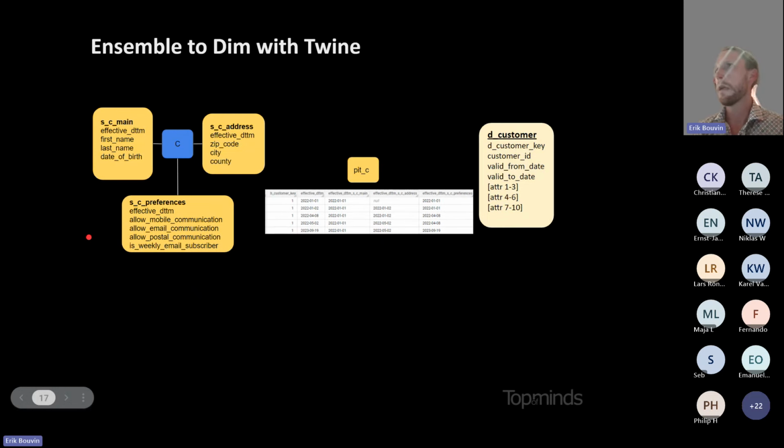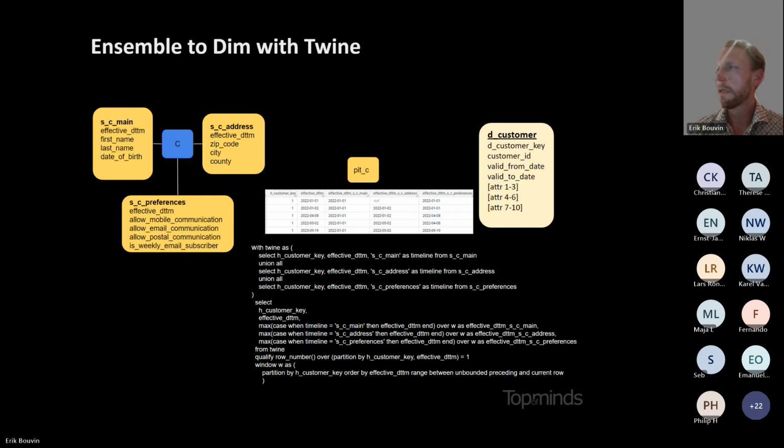So what I did then was to see, all right, is it possible to keep the point in time table, but use the Twine code instead? And it looks like this. It looks exactly like the previous example that I showed.